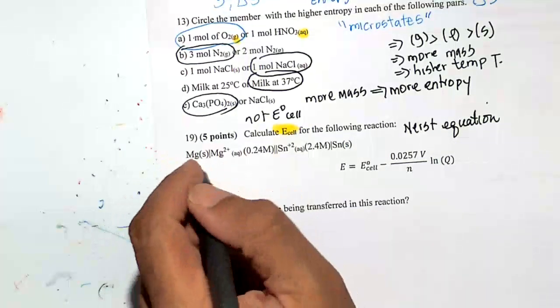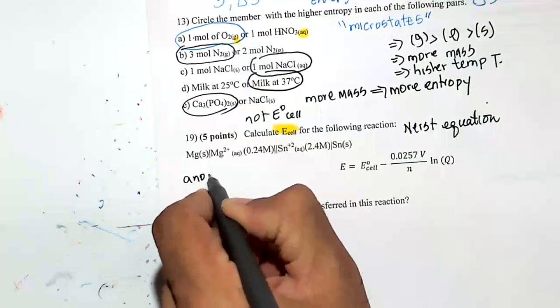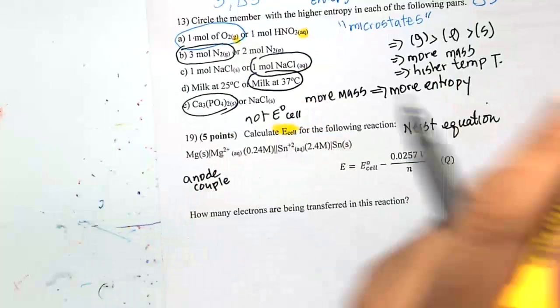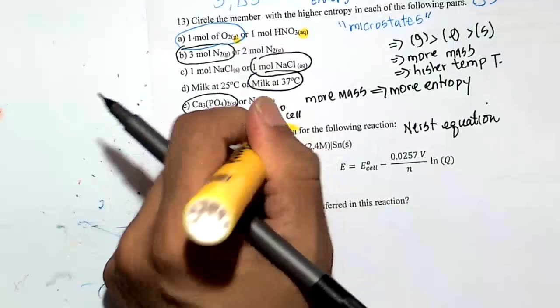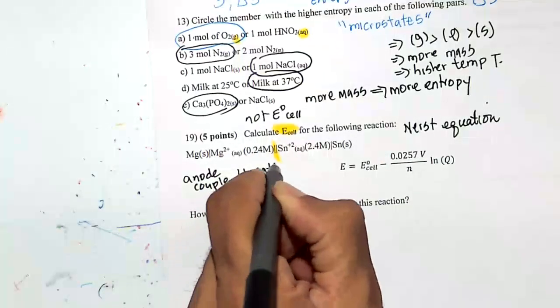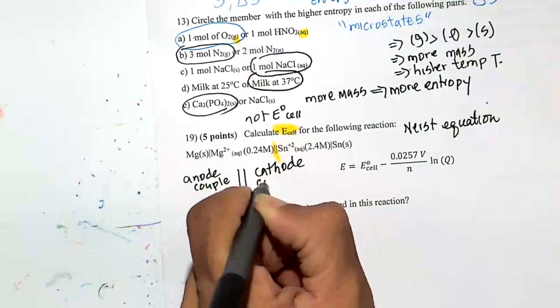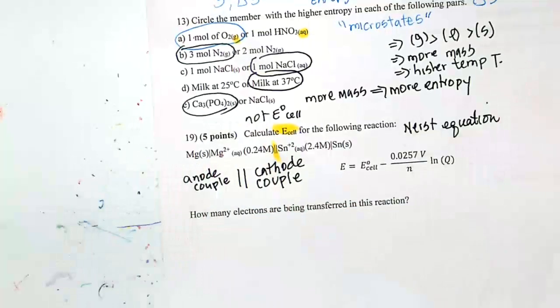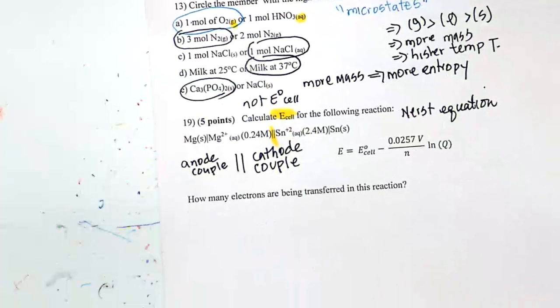And we have this notation here. It's going to be anode, couple. Okay, the salt bridge is 2 lines. Cathode, couple. And that is the Nernst equation.